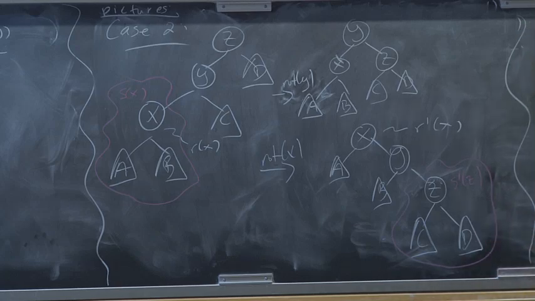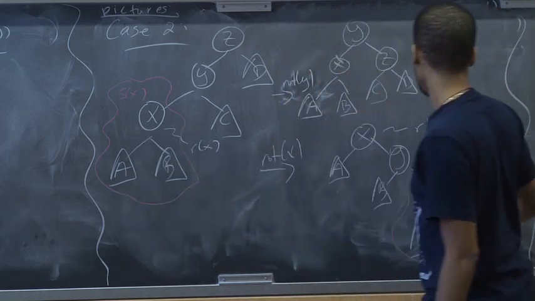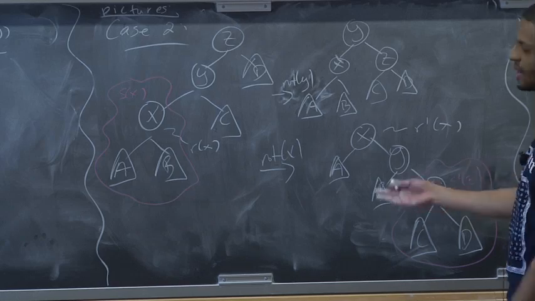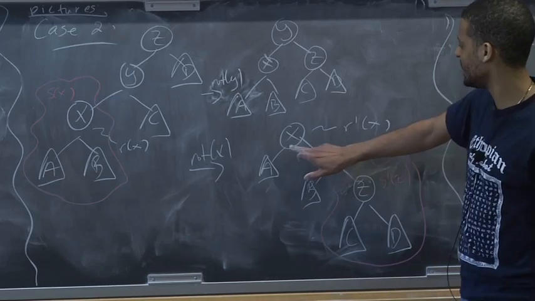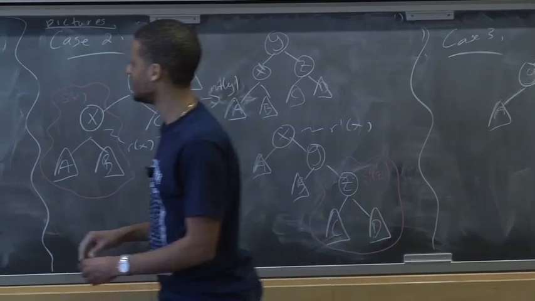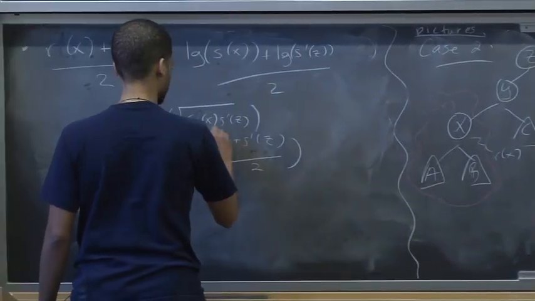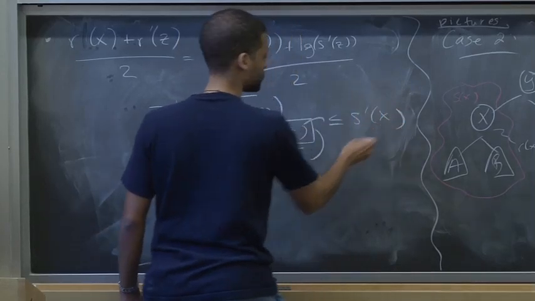Okay. So if you take the sum of them, you have everything except for y. Whereas everything is S prime of x. So this thing here is at most S prime of x.